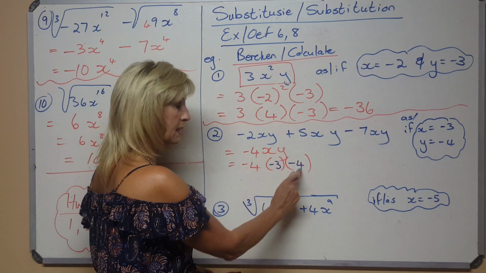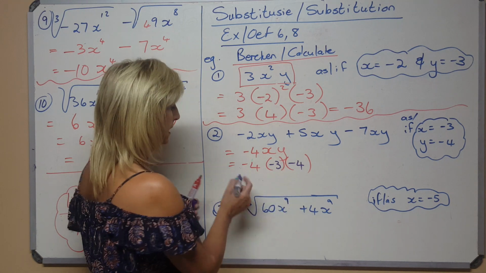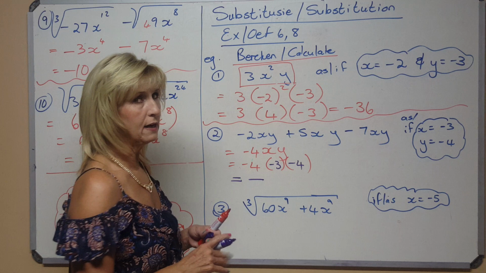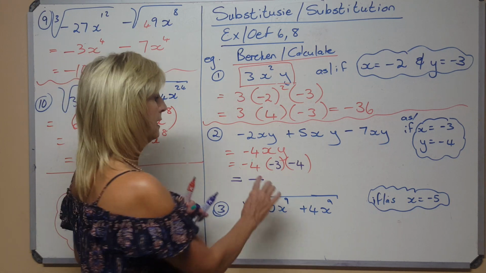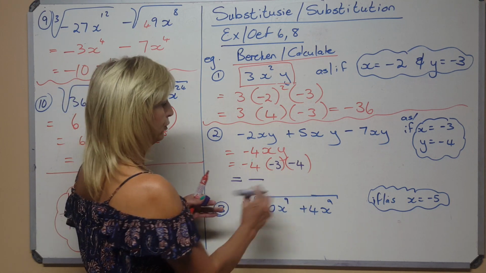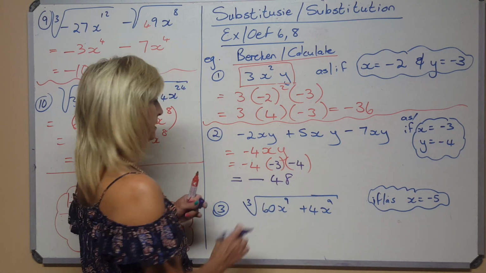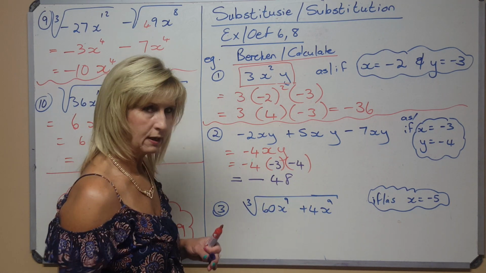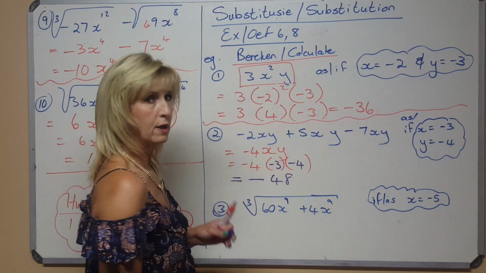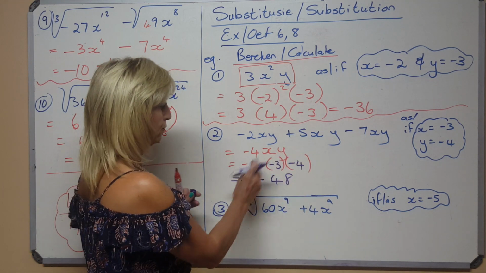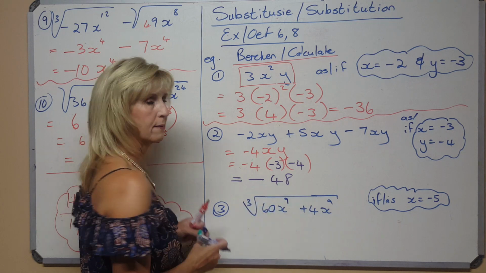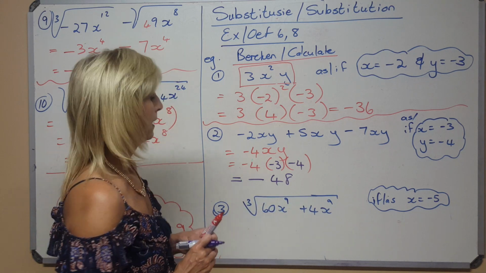So 3 minusse gee vir my 'n minus antwoord. And then calculator or own brain, you get 12 times 4 is 48, or 16 times 3 is 48, whichever way you want to do it. Calculator, minus 4 times minus 3 times minus 4, and you'll get the minus 48 answer.